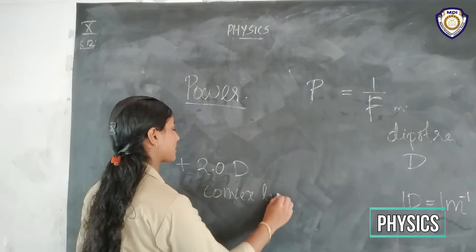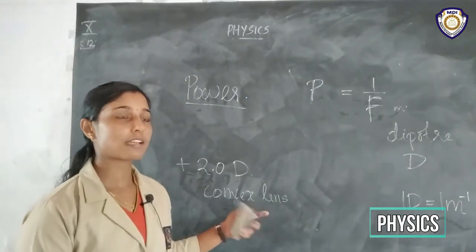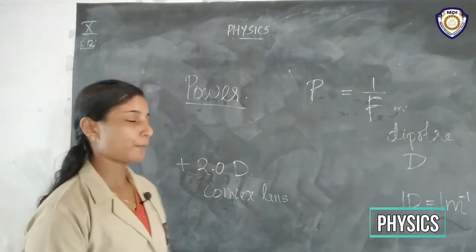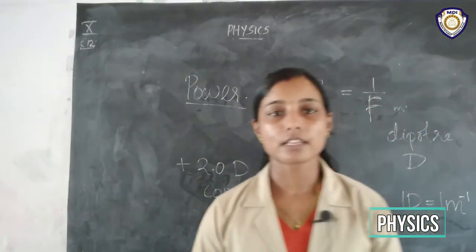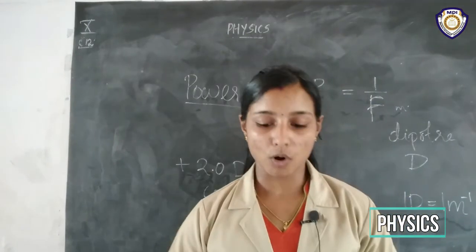The person should wear a convex lens in their spectacles with 2 diopter power, right? This means the lens prescribed is convex.